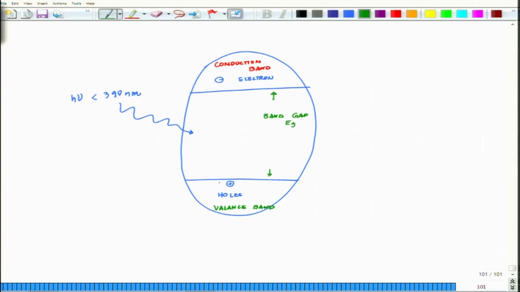Whenever there is an excitation, the electron moves, and there is this process which we have shown through individual reactions. There is an oxidation happening here, which is essentially the photo oxidation, in which a hydroxyl radical is generated.